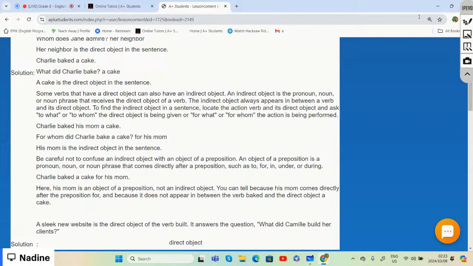And we need to be careful not to confuse an indirect object with an object of a preposition. How do we even know if it's an object of a preposition? Firstly, we need to keep in mind that an indirect object comes between the verb and the direct object.